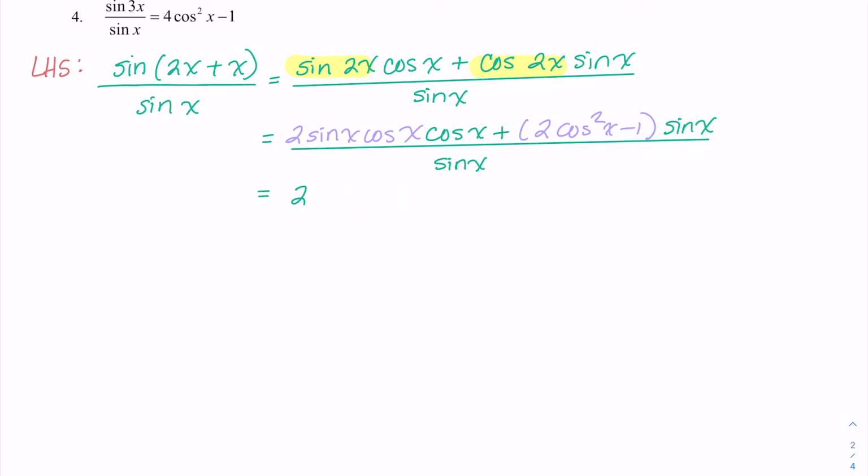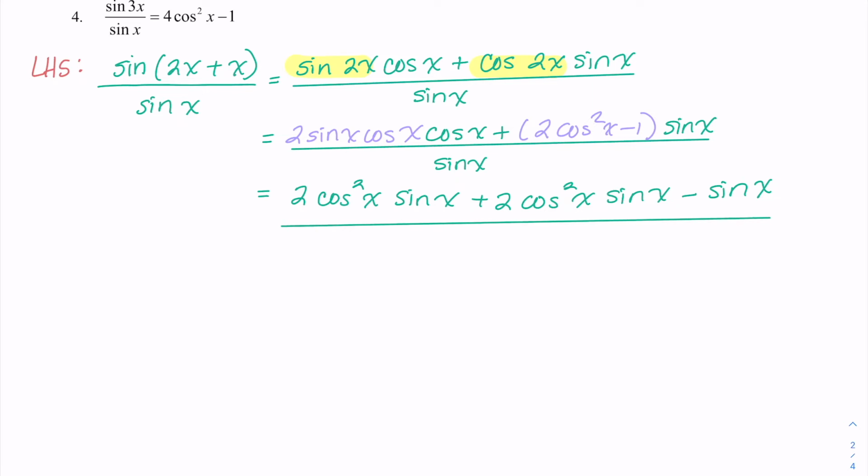That'll make it a little more evident. We have 2 cosine squared x multiplied by the sine of x. And now let's distribute that sine of x plus 2 cosine squared x sine of x minus the sine of x. And again, still all over the sine of x.